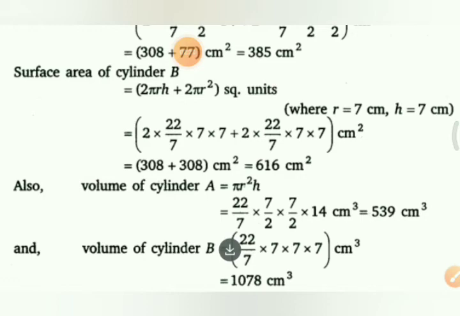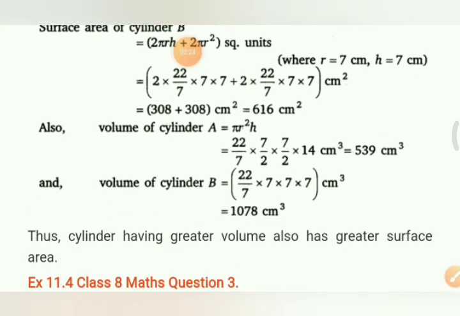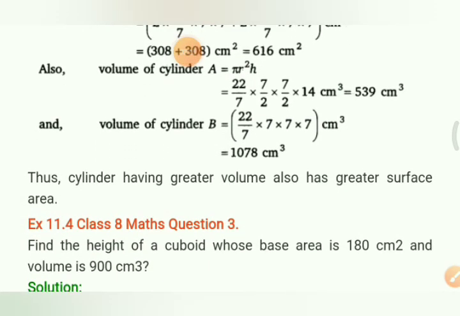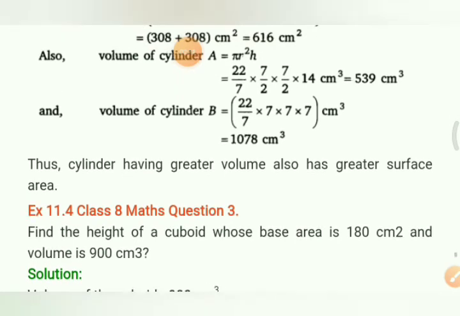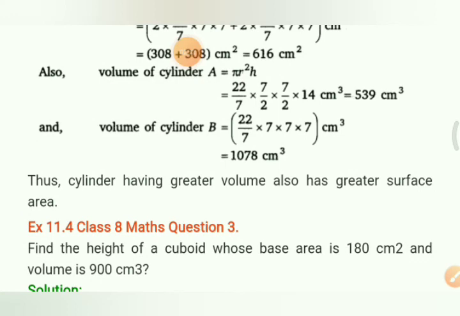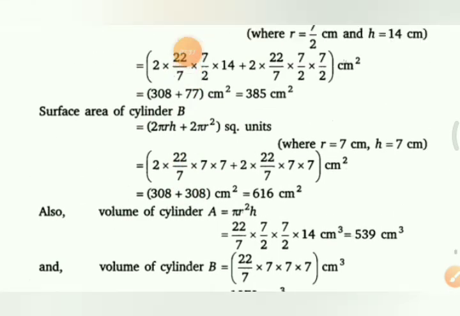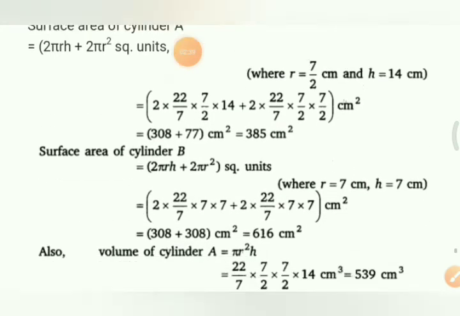So you just have to replace the values in the formulas, and thus we can compare which cylinder has a greater volume and which cylinder has a greater surface area.